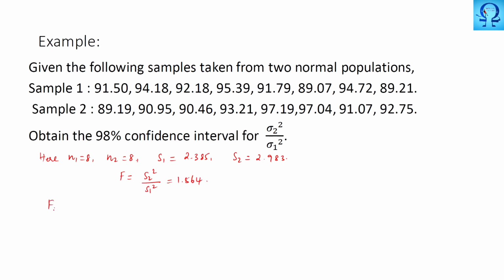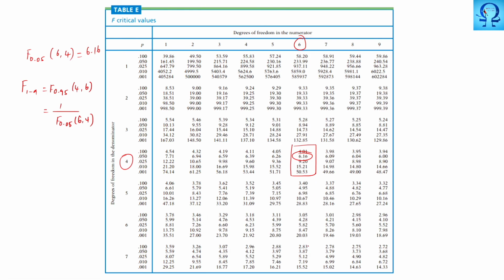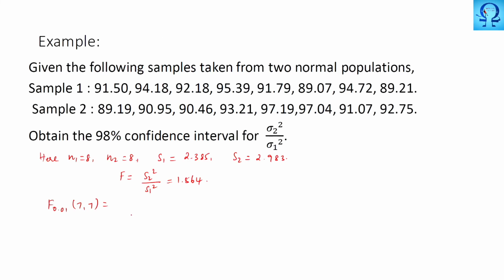From the table we read the value for 7 comma 7 at the level of significance 0.01, that is 6.99, isn't it? So f of 0.99 of 7 comma 7 is 1 upon 6.99, which comes out to be 0.1431.